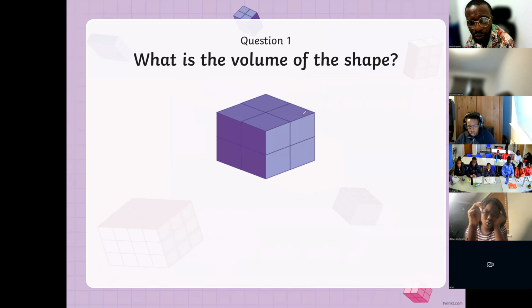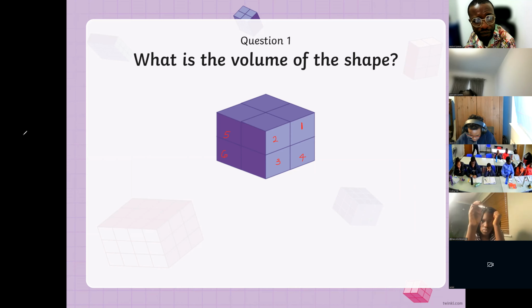This is 1, 2, 3, 6, and behind that is 8. Or you can still do it like this. How many faces can you see?